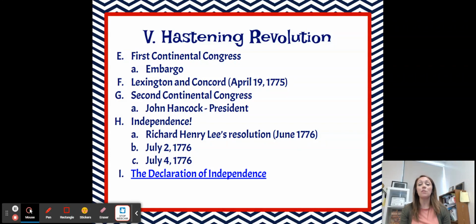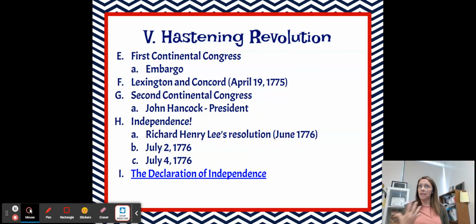So with that, the Second Continental Congress is the group that decides to eventually push us on towards independence from Great Britain. We start off in June of 1776 with a representative to the Second Continental Congress. His name was Richard Henry Lee, and he proposes a resolution in June of 1776 that the colonies should be free, that they should be their own country, that they should be politically separate from Great Britain.